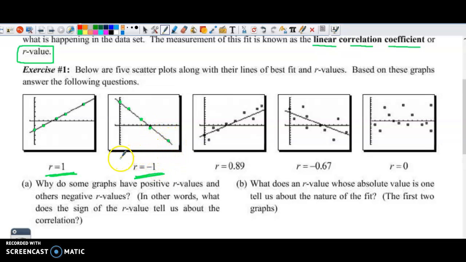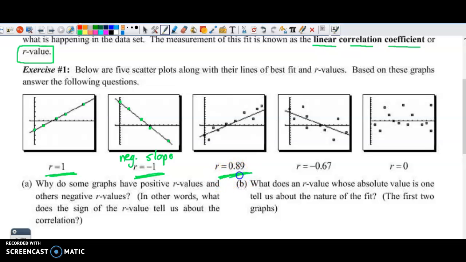The fact that it's negative is representative of the negative slope. Now, notice it's not down 1, right 1. It's a little less steep of a line. So the R value does not represent the slope, although if it's positive, you'll have a positive line of best fit.